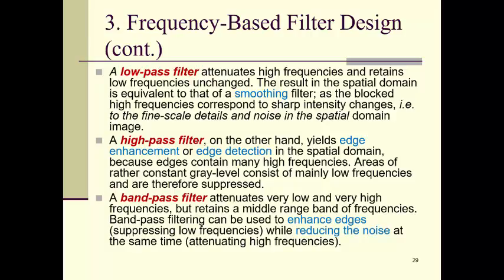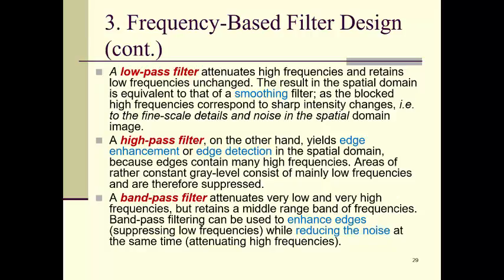And the band pass filter here can be used to enhance edges and at the same time reduce the noise. Okay? This is the most difficult type of filter; the design of this type of filters is the most difficult. So here we say that it attenuates just the very low and the very high frequencies. So how can I represent it here?